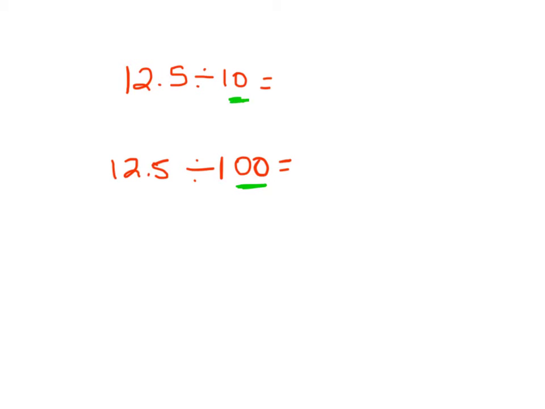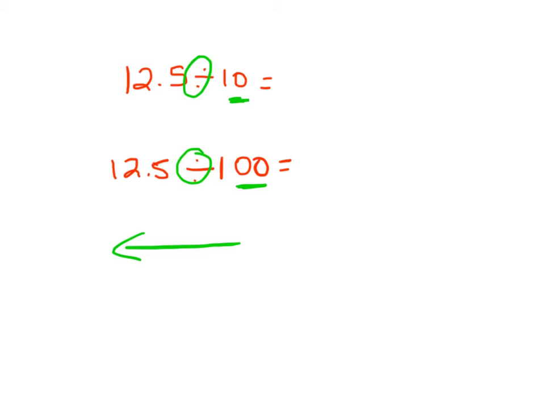I'm sorry, and this has 1 zero over here. So that tells us how many places we have to move the decimal. Because we're dividing, we want our number to get smaller, so our decimals are always going to move to the left when we divide.